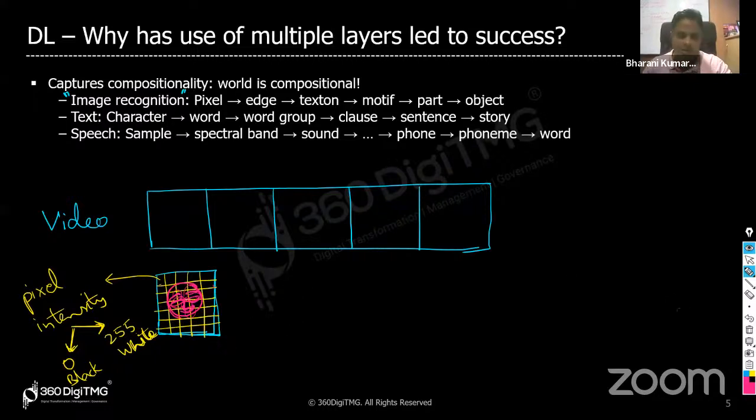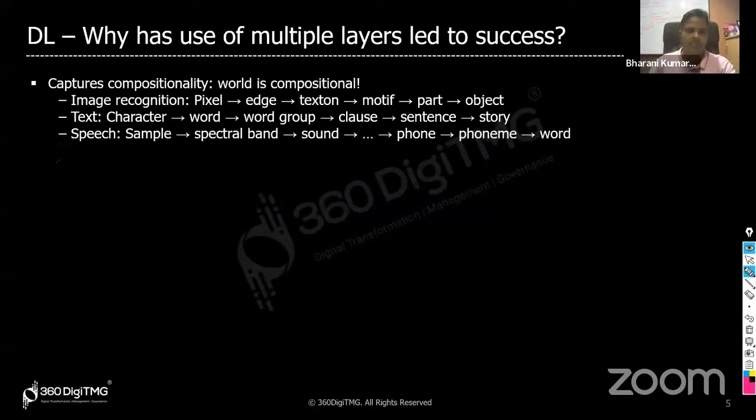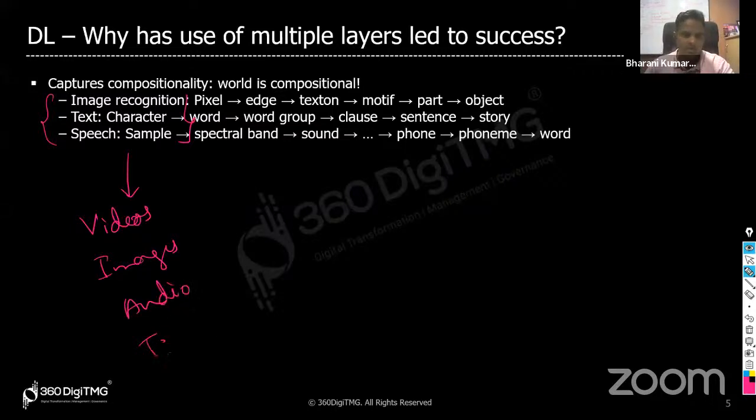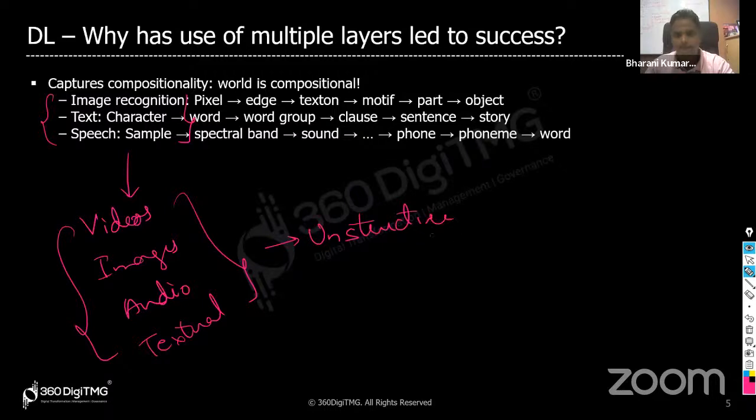So we have compositionality, basically. And when you deal with textual data, all these are unstructured data types, mind you. Videos, images, audio files, textual data, all these are in unstructured format. So when it comes to an image, step by step, the human brain would understand different components and ultimately the object, like there is a chair, there is a human.